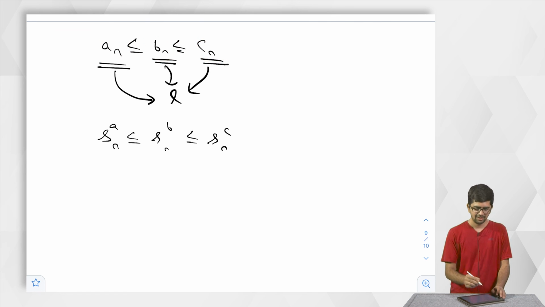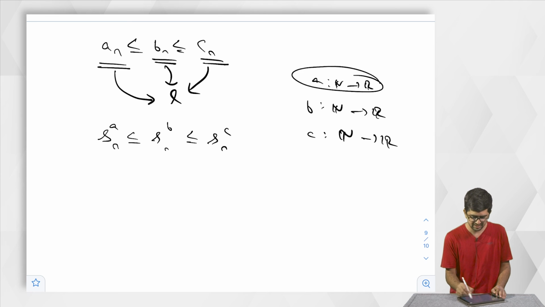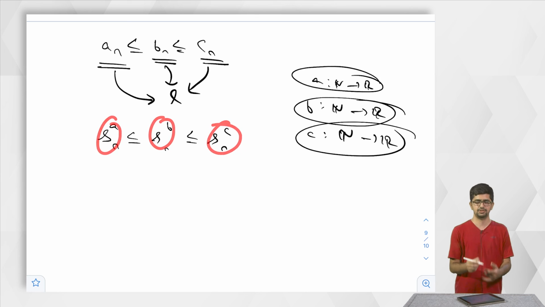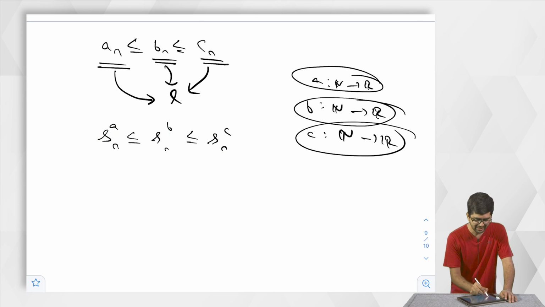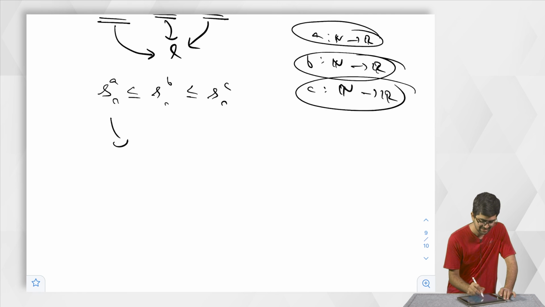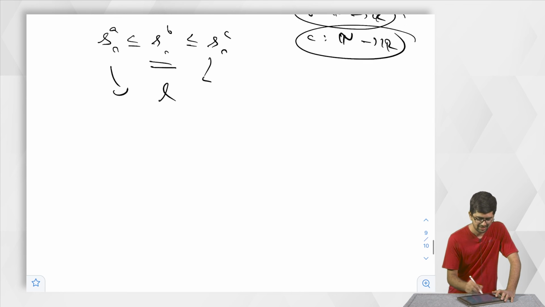In particular, for the sequences A, B, C, let these three denote the corresponding sequences of partial sums. Then, if this is the case, and these two are converging to the same element, say L, then this should converge to the same element, right?